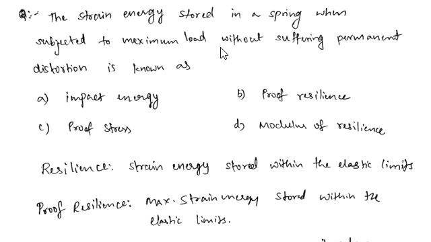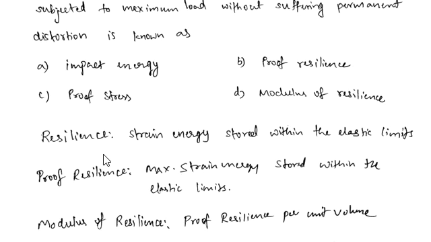So you can say that it is the maximum strain energy stored in the spring without suffering permanent distortion or deformation, which means the deformation is within the elastic limits. We know the maximum strain energy stored within the elastic limits is nothing but proof resilience. So here option B is the right option for this question.